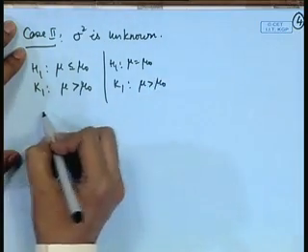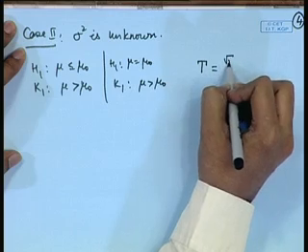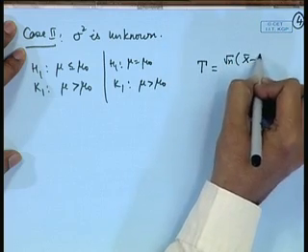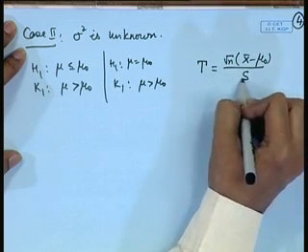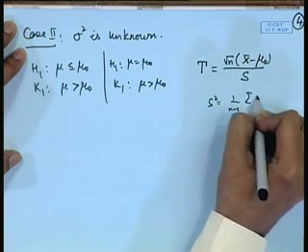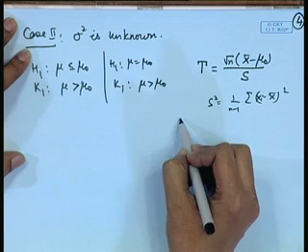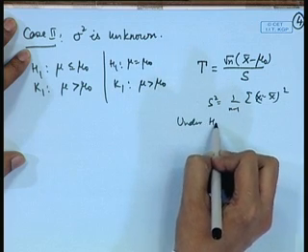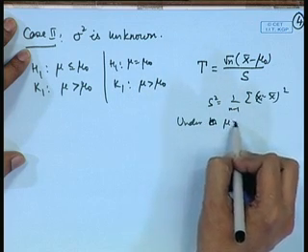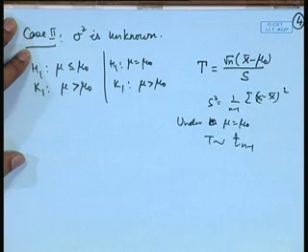Then the test will be based on, so let me define the statistic T, that is equal to root n (x bar minus mu naught) by s, where s square is 1 by n minus 1 sigma (xi minus x bar) whole square. Then under H naught, that is when mu is equal to mu naught, T follows a T distribution on n minus 1 degrees of freedom.